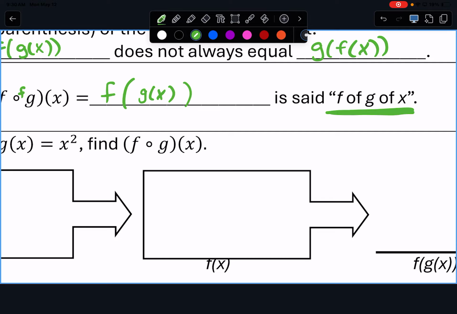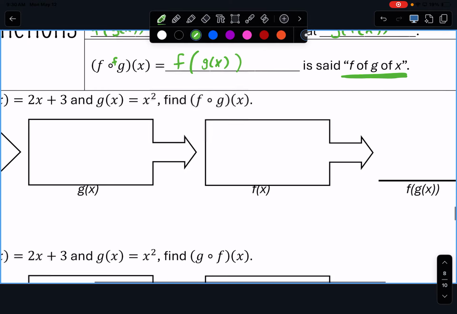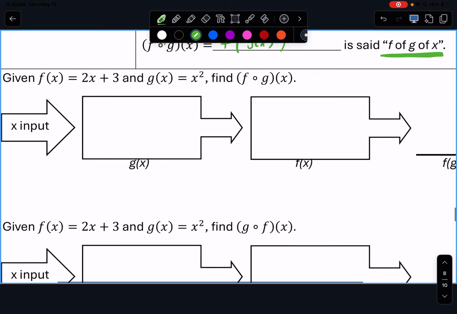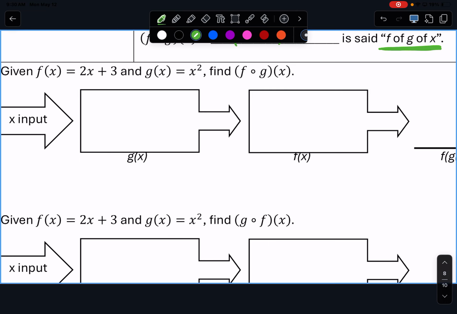Kind of. Let's look here. We are going to be doing f of g of x. So we are finding f and plugging in g. In this problem, we have to plug in which equation? g, which is x squared. I've got to plug that into f.